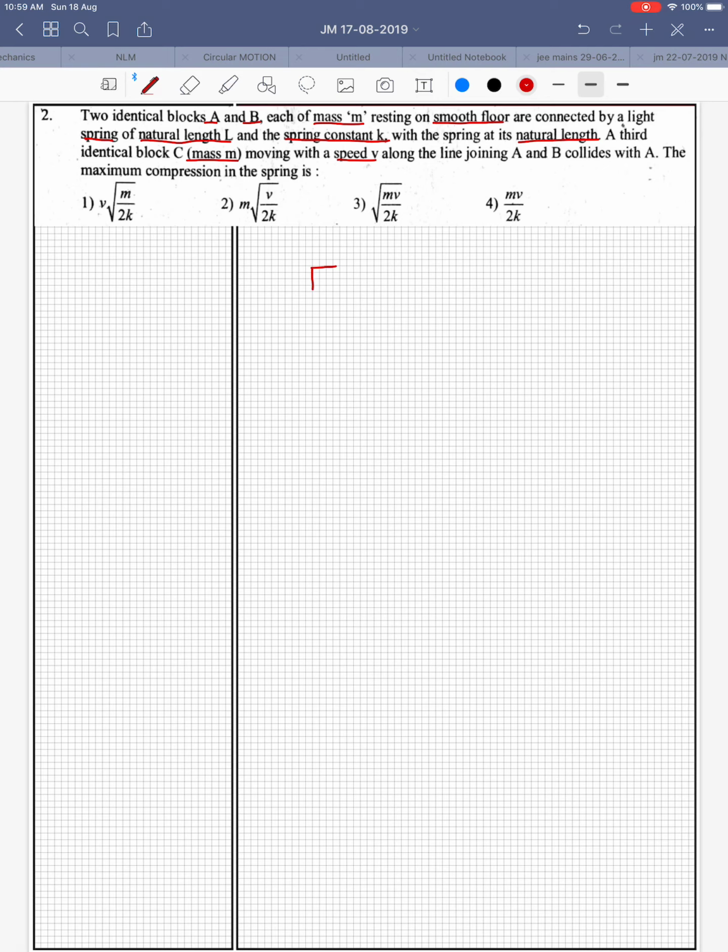The question is, there is a block C moving with a velocity v. It strikes a block A, which is connected with a spring, and to the other end of the spring you have B. The spring is at its natural length L, and the masses of the blocks are m, small m and small m.